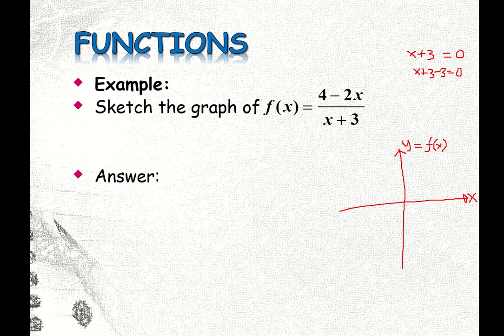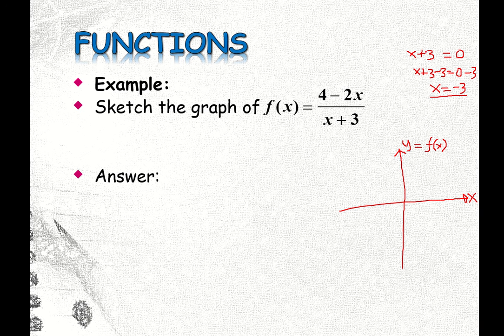What you did on the left side, do it also on the right side. So 3 minus 3 equal to 0, so we have x equal to 0 minus 3, which is negative 3. This is the value of x that can make the denominator equal to 0.